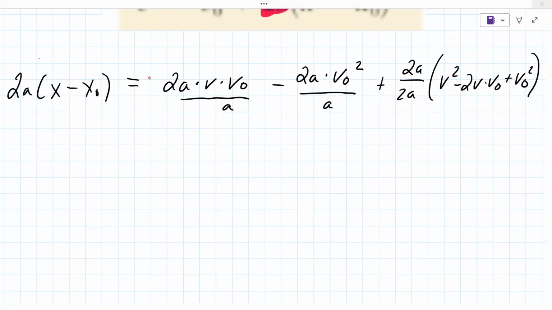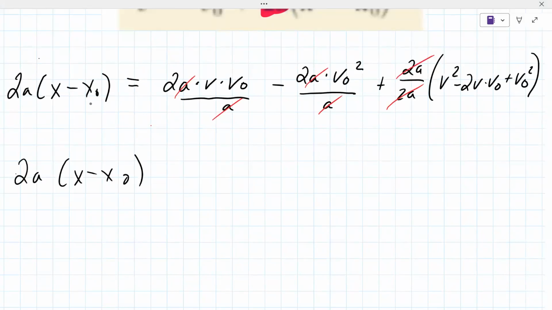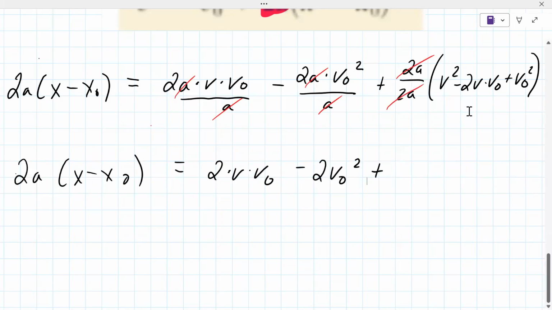Now the a cancels with the a, the 2a cancels with the 2a, and here's what we have. 2a(x minus x0) equals 2 times v0 minus 2 v0 squared plus, because this has gone in front, you can just drop the parentheses, v squared minus 2v times v0 plus v0 squared.